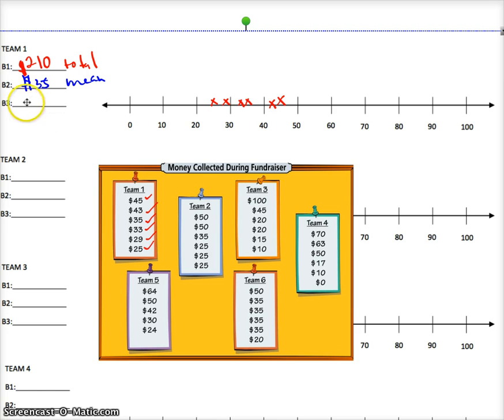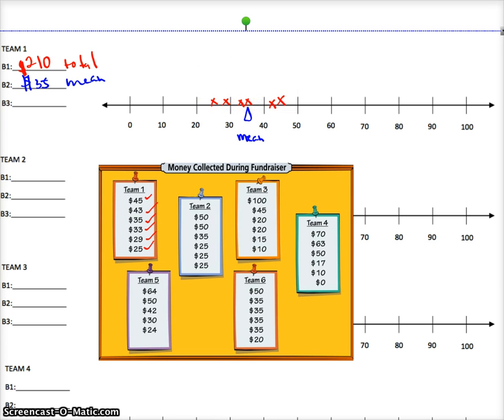We just got to figure out how far away from the center is. This mean here, I'm going to mark this $35. This is my average, or my mean. Now, how far are they away from the center?